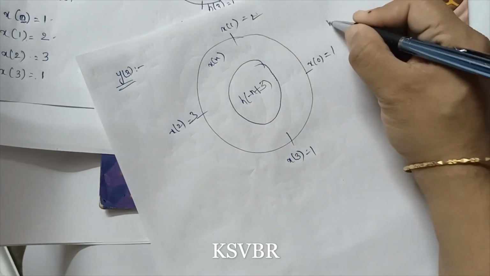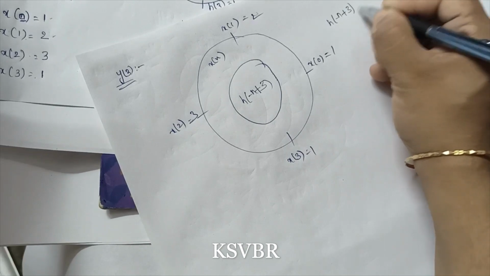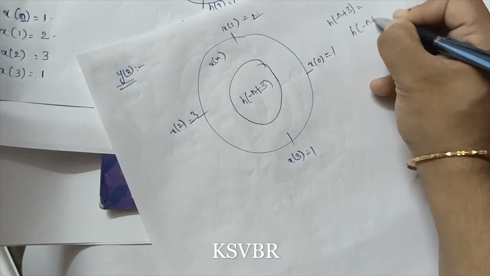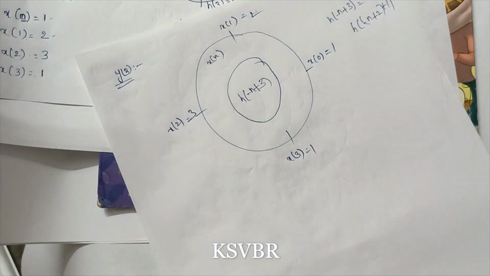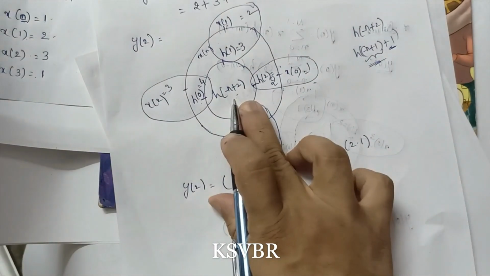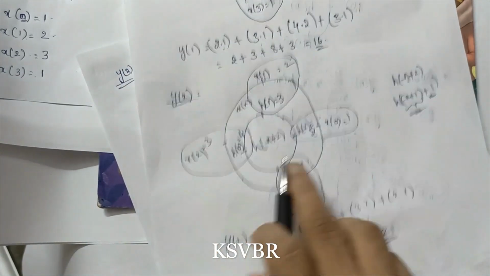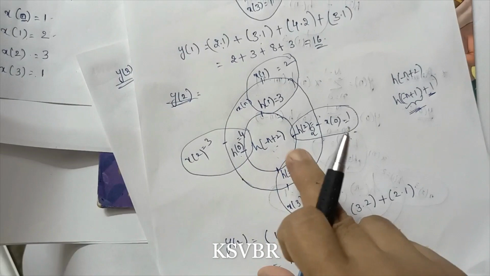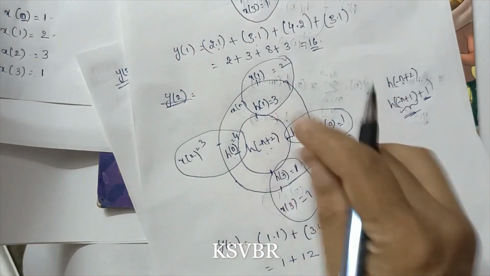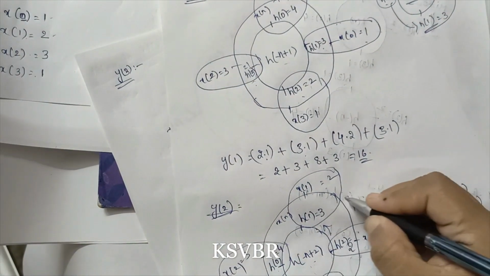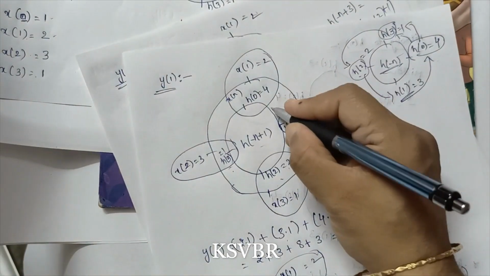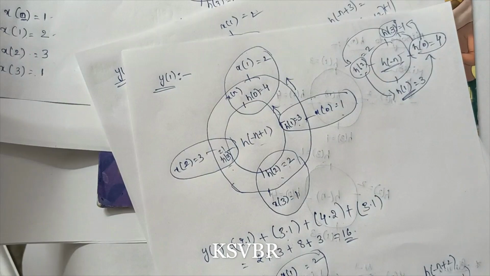So how this h of minus n plus 3 can be written as h of minus n plus 2 plus 1. Okay. So we are already having h of minus n plus 2 in previous y of 2. In calculation of y of 2, we are having this one, right? So we have to shift this anti-clockwise direction. Okay. And don't forget to represent arrow marks in each step so that it will be easy for you to analyze if any mistake comes in future.